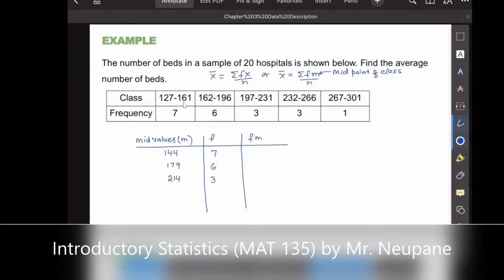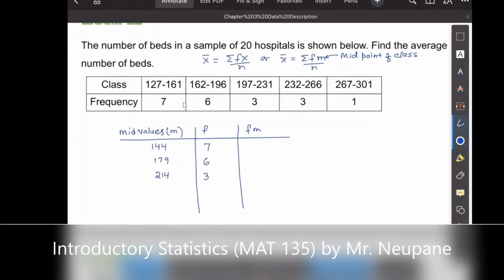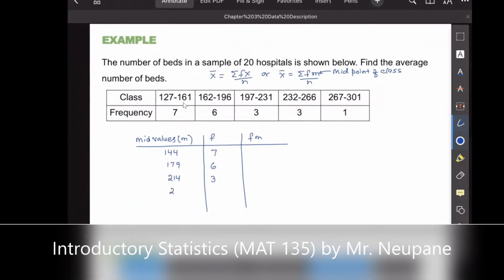I got 249. Okay, 249. You have frequency 3. Now the last class is 267 to 301. So 267 plus 301, divide that sum by 2. I got 284. Is that right? Yes.